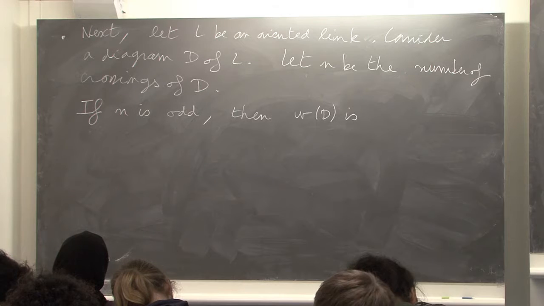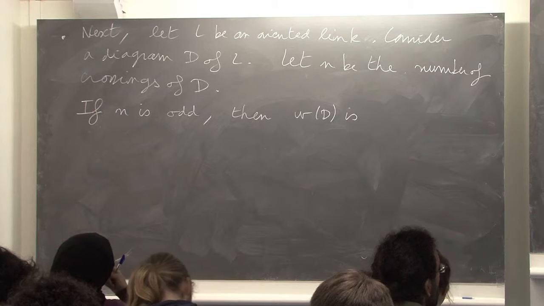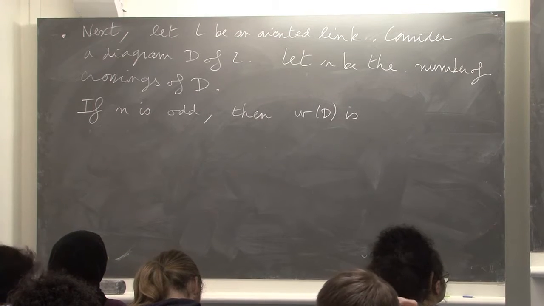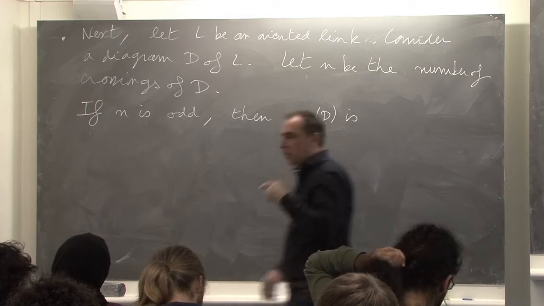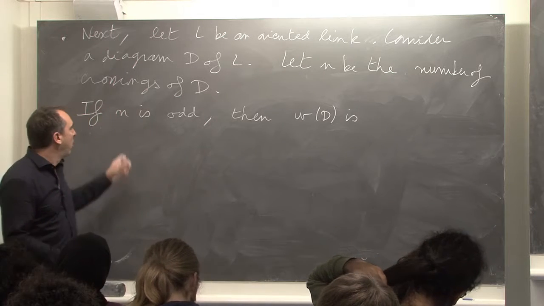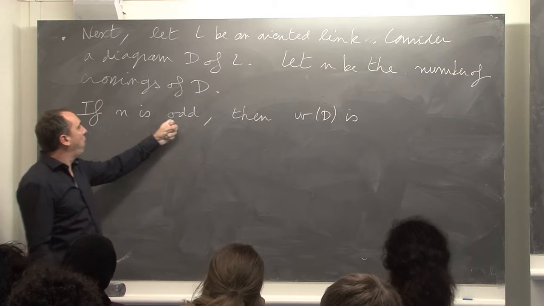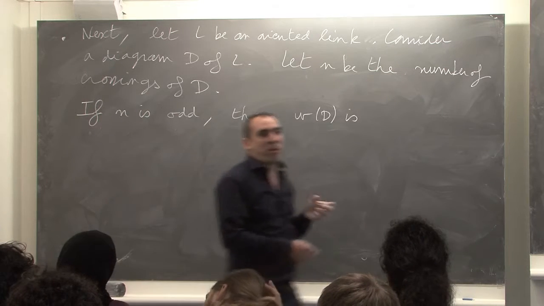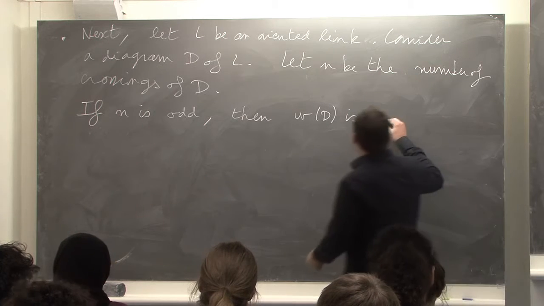The writhe number is the sum of the signs of the crossings, so it is a sum of plus or minus 1. A sum of an odd number of plus or minus 1 is odd. Okay, it's odd.